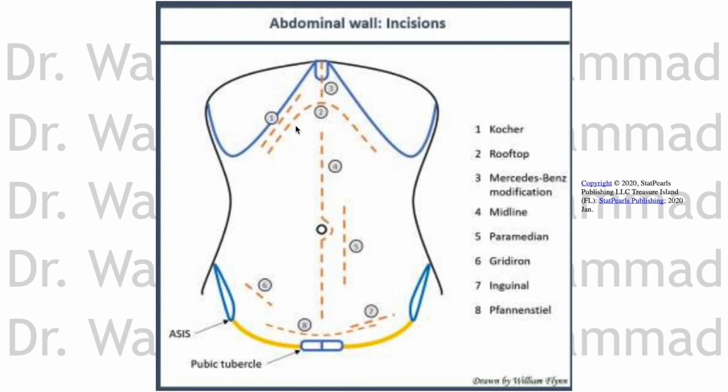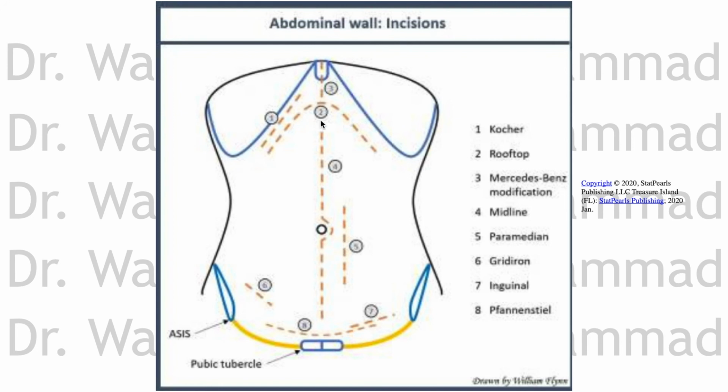For example, we have a subcostal incision. This is famous if you are operating on the liver or the biliary tracts, the gallbladder and the common bile duct and such. We have the rooftop incision. This is used to explore the upper abdomen at both sides.